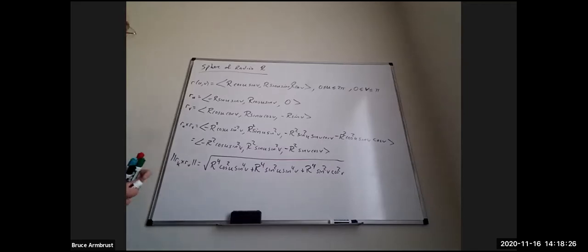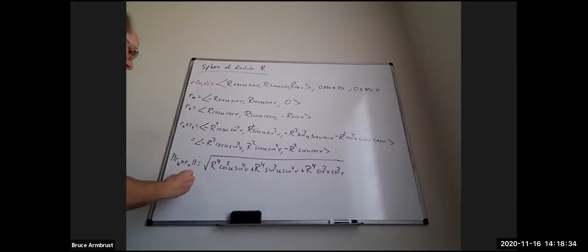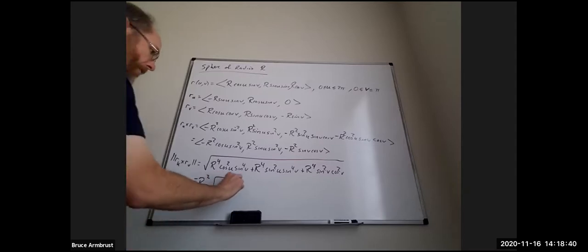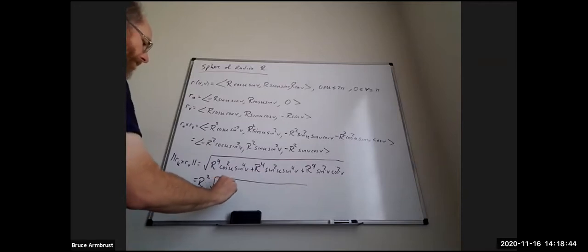All right, so now let's have some fun. Let's simplify. First, r to the fourth, I can pull out. That's just r squared. These first two terms, let me pull out a sine to the fourth v.